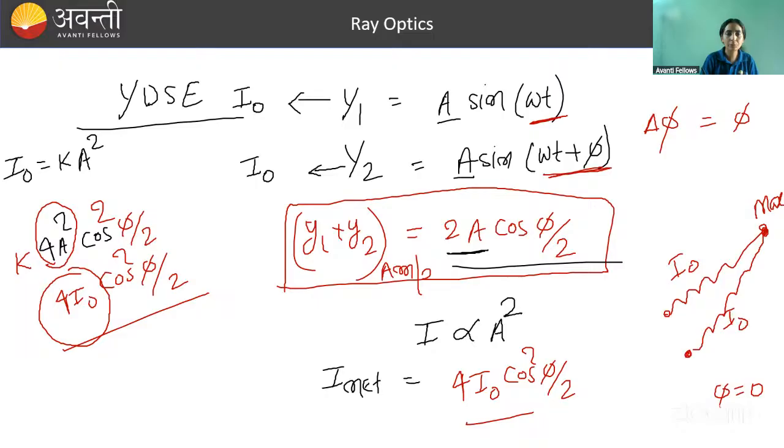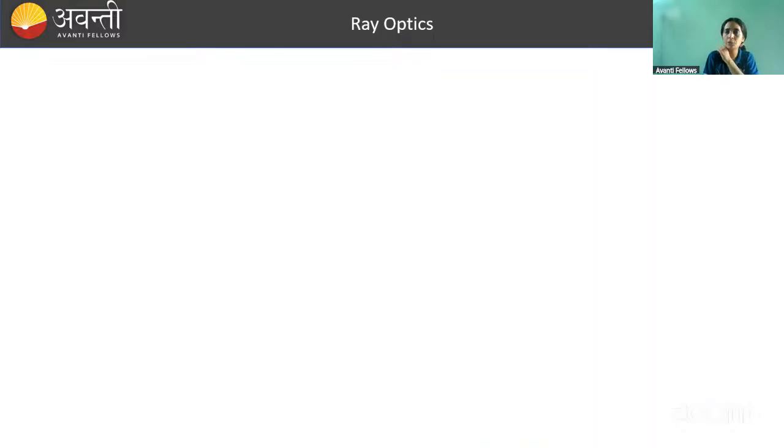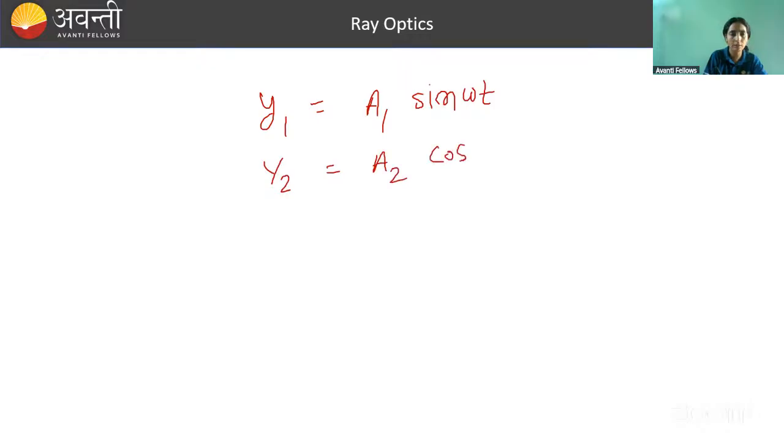Okay. Now the question is, what if two waves are not having the same amplitude? Let's say first wave has an amplitude of a1 sine omega t, and second wave has a amplitude of a2 cos. Sorry, let's write in the term of same function so that we can compare the phase. Whenever you have to compare the phase of two waves, always remember both waves should be the function of sine, okay, or cos.